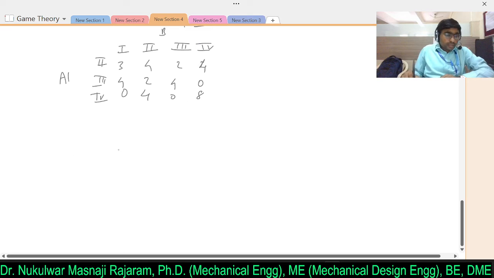Now let's take columns. Clear? So if you compare the columns, we must consider that the maximum column must be deleted. So if you compare column 1 and 3, then 3 is greater than 2, 4 is equal to 4, 0 is equal to 0.